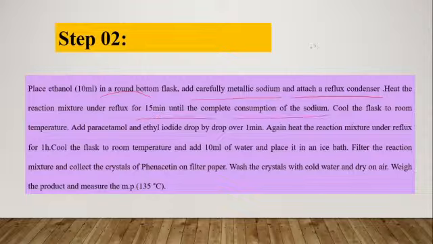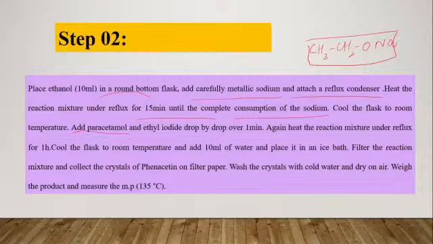So we will get ethoxide, when we treat alcohol with metal, so we will get sodium ethoxide. Then cool the flask to room temperature, add paracetamol which was synthesized in the first step, and then add ethyl iodide drop by drop over it.